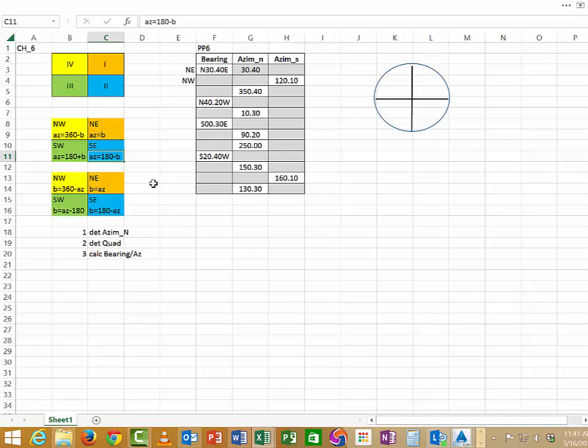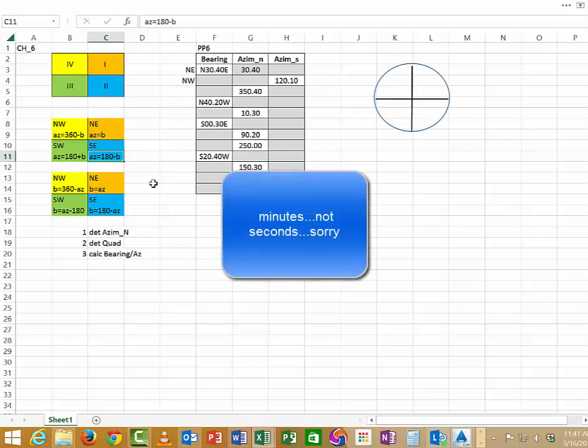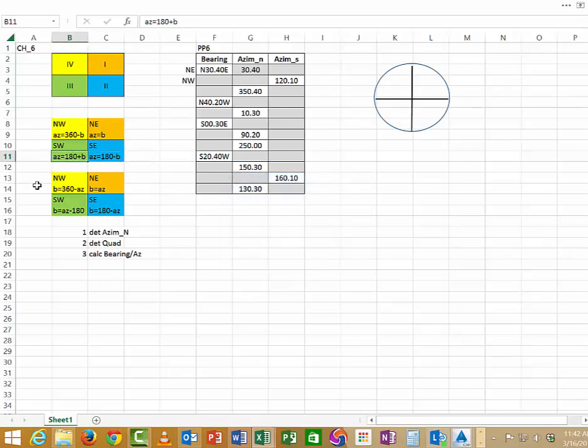And I've found that a lot of times you have to go 179 degrees 60 seconds to do the math. In the southwest quadrant, if you want an azimuth and you have a bearing, you need to add 180 to the bearing. And then in the northwest quadrant, it's 360 degrees minus the bearing angle.